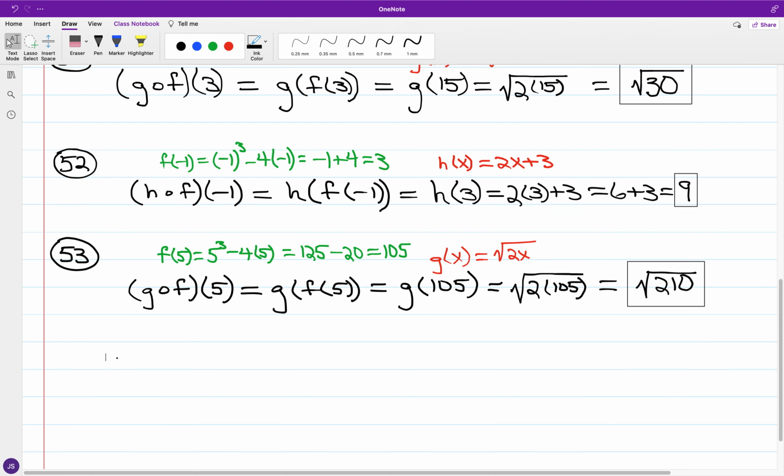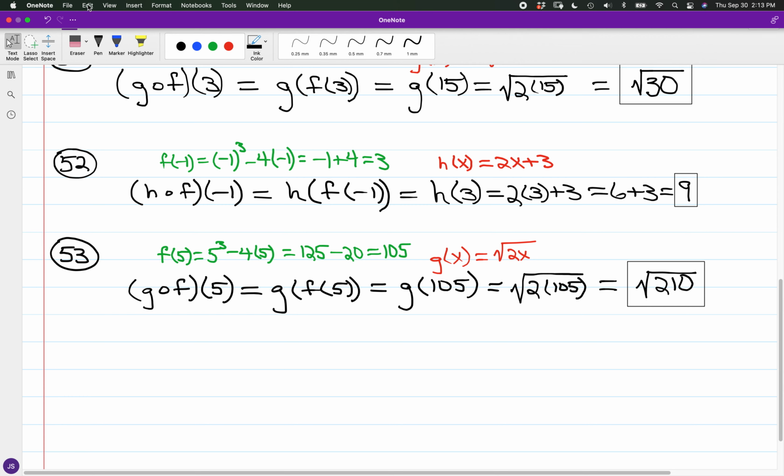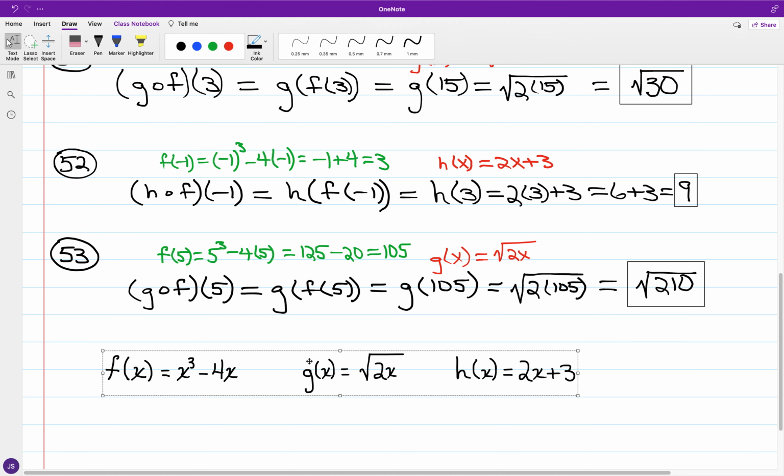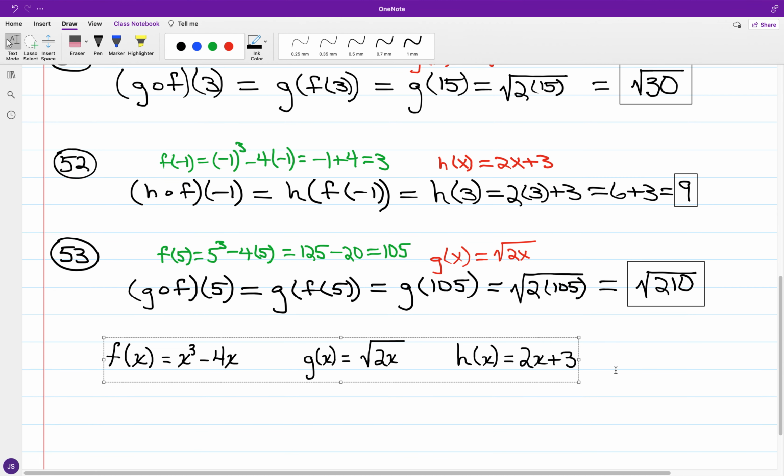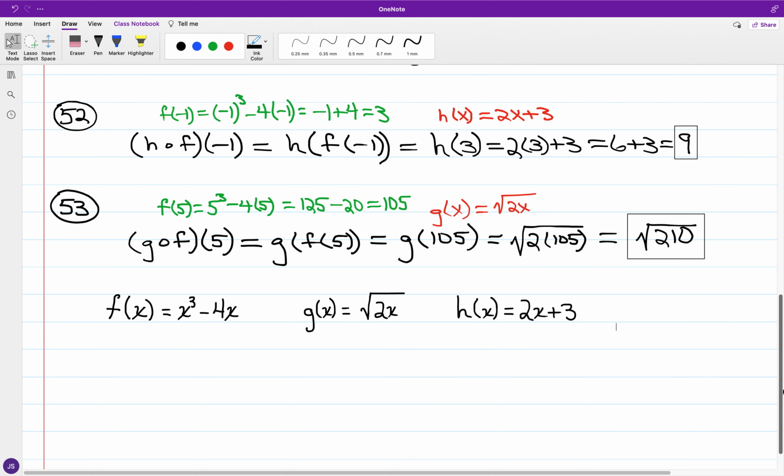Now, for what we have in the case of the next item, once again just taking what we have with F, G, and H. I'll tell you what, we'll do this again. Let's say we have F of H of negative 1. We'll do that too.